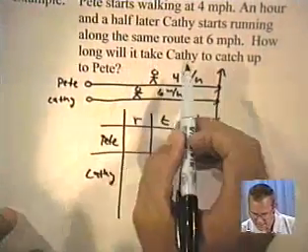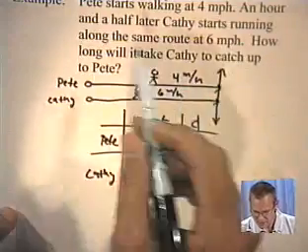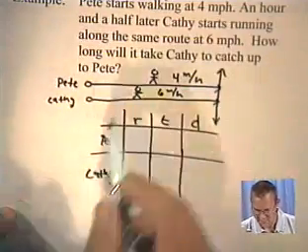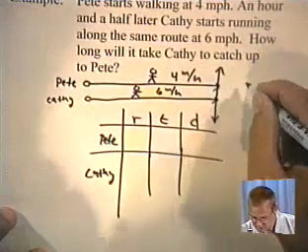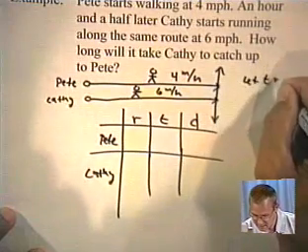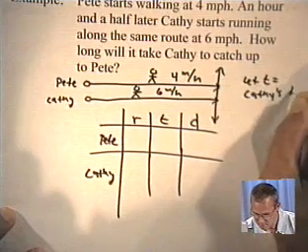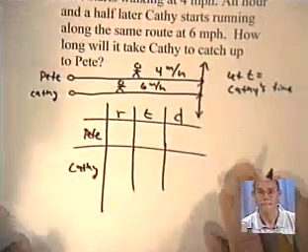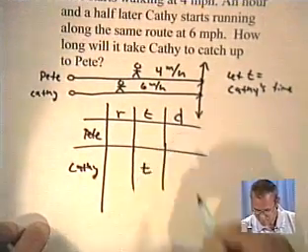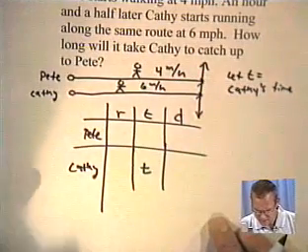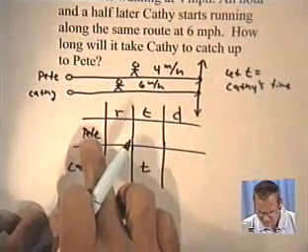How long will it take Kathy to catch up to Pete? So the unknown quantity that we're trying to solve for is Kathy's time. So over here on the side, I'll let t equal Kathy's time. Let's try to fill in the rest. Oh, let's try to fill in Pete's rate.